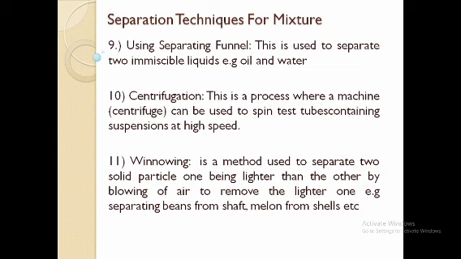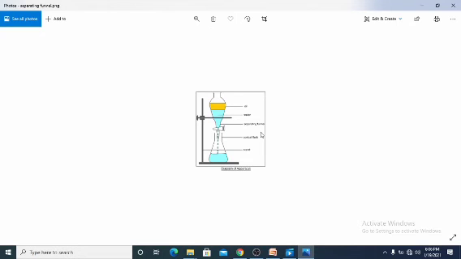For example, when we are separating oil and water, looking at our separating funnel, we have what? Oil on top, water beneath, and you can see how we open the tap and allow the water to flow, and at the end the tap is locked and our oil is left in the separating funnel. So this method is used for the separation of what? Two immiscible liquids.